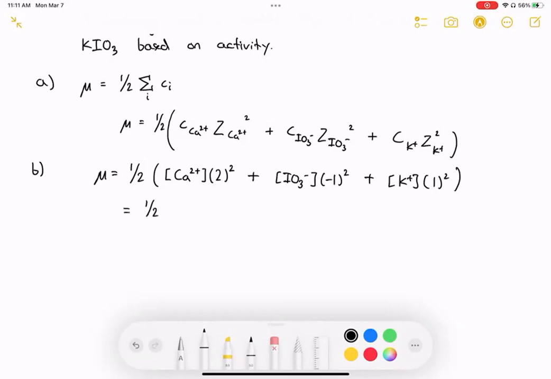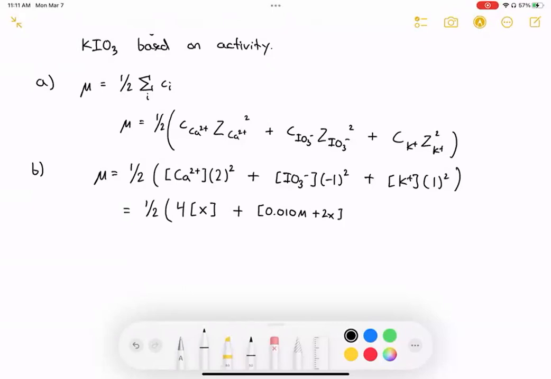Equals 1/2. So in this case, it will be 4x. So the concentration of calcium turns into 4 times x, plus the concentration here of iodate ion. But remember, iodate ion is a little bit different in this last example because we already had initially 0.010 molar. So it's going to be 0.010 molar plus 2x.